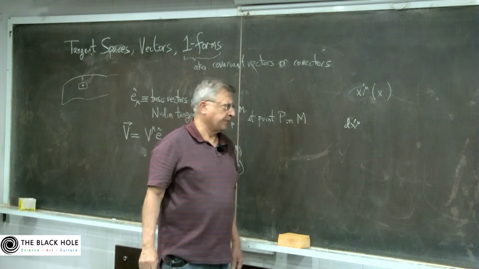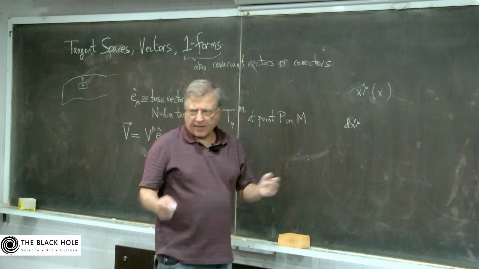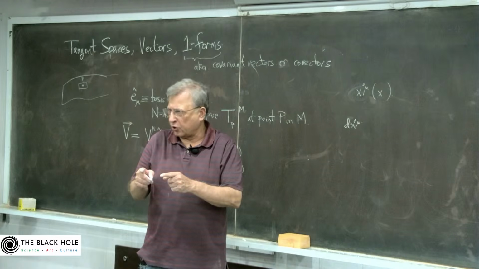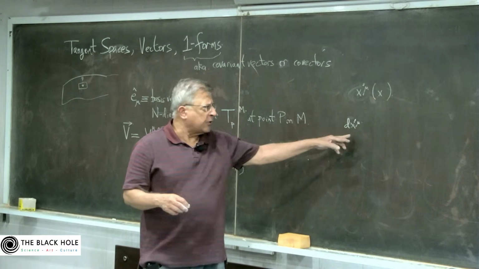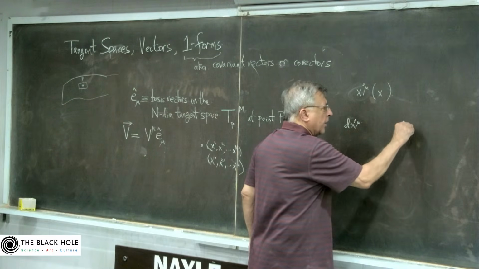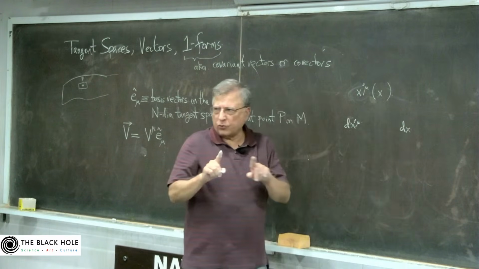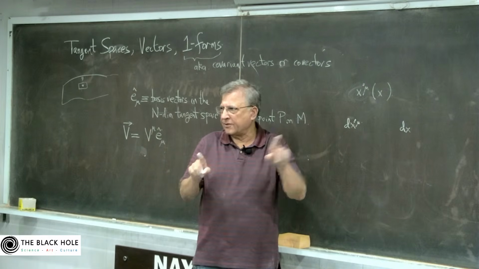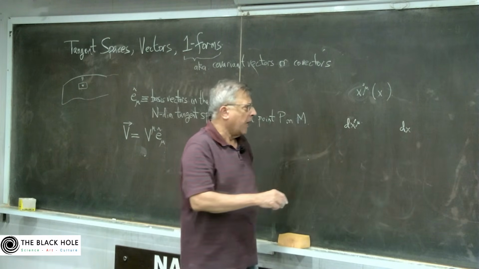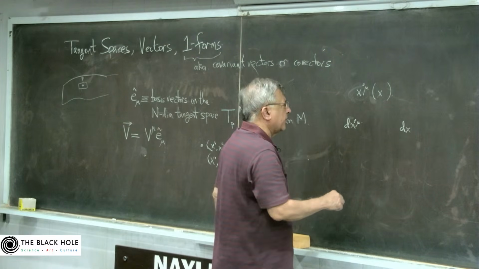So let's take dx prime mu. I'm now considering the distance between two points which are very close, and this is going to be related to two slightly separated points which are without the primes. And how do we do this?